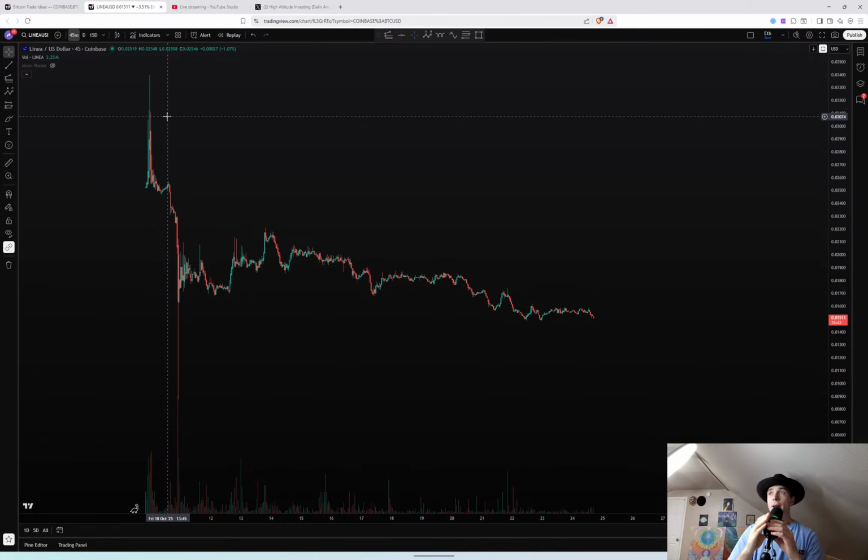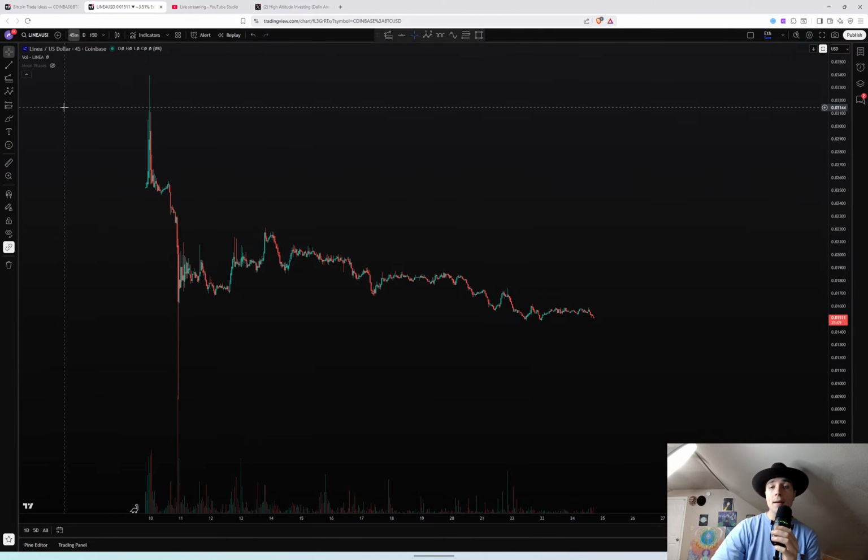So, for example, if Theta was to get added to Coinbase, Coinbase now has to buy a large sum of Theta tokens in order to have liquidity on their exchange for people like you and me to go buy Theta tokens or sell them of their own free will. So that's basically the way that works. When something gets added to Coinbase like this project did, that can be a really good thing.